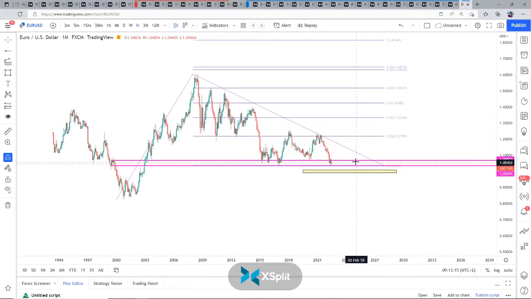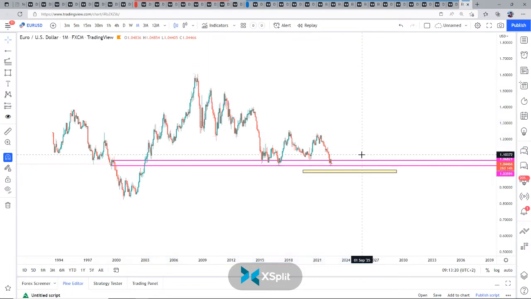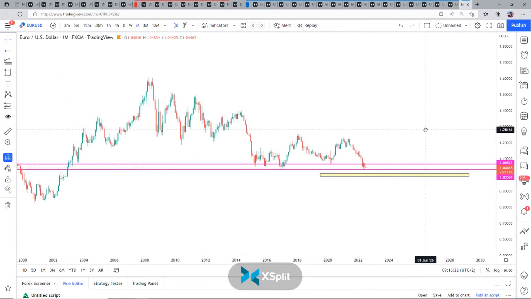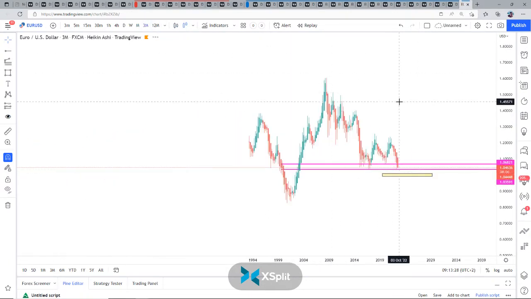Okay. The other way to look at this would be to consider this impulsive move down we have there, which is a very nice impulsive move down. We can probably look at it better on a quarterly or something.